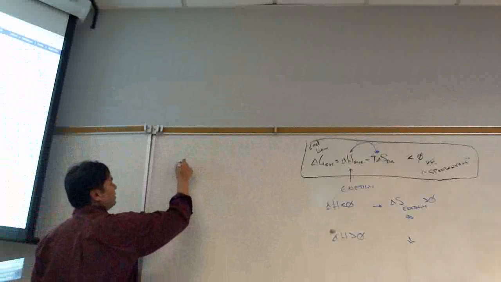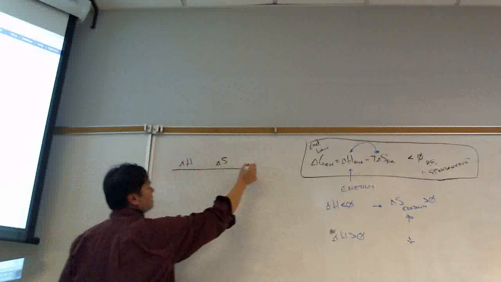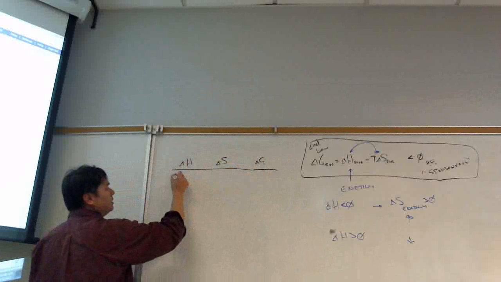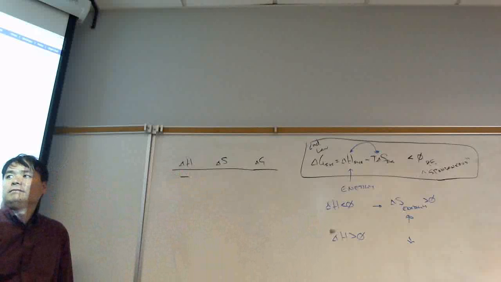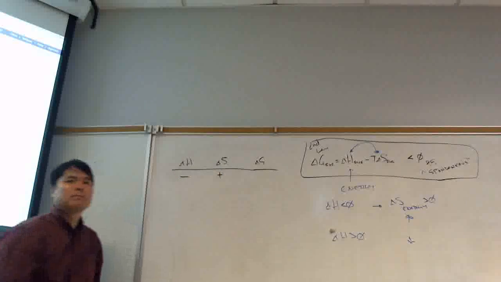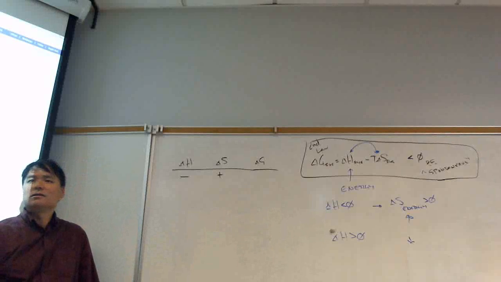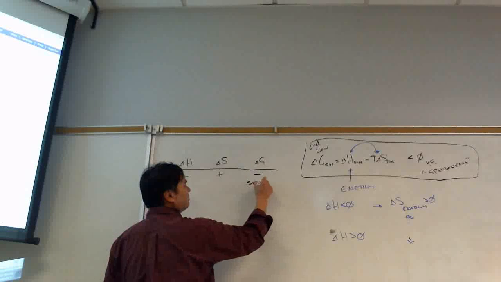And so when we look at delta H, we have two choices, delta S and delta G. If delta H is negative, that's favorable. If delta S is positive, that's favorable. And so we have two driving forces working in unison, which means this is going to be negative and spontaneous.